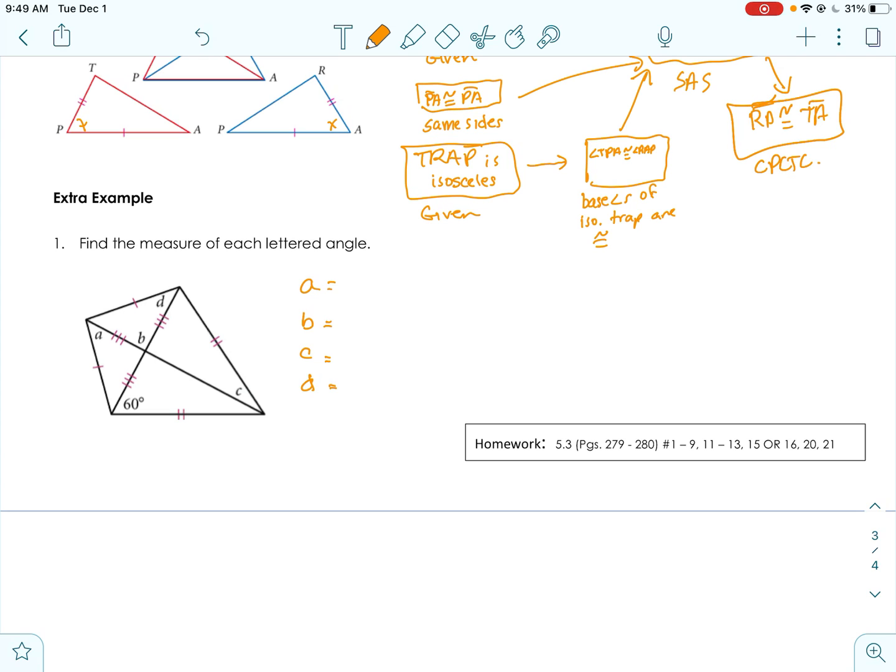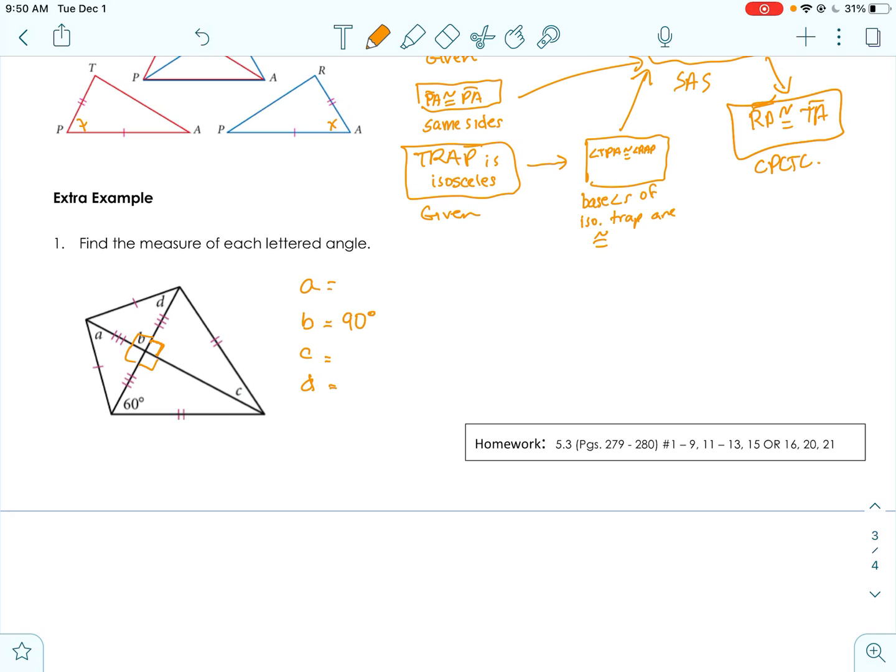So let's think about what we know. Since the diagonals intersect at a 90-degree angle, that means we also know angle B would be a 90-degree angle based off the linear pair conjecture. And that means we also know that this is 90 degrees. So we know all four of these angles are 90 degrees. Now, we also know that this angle down here is 60 degrees.